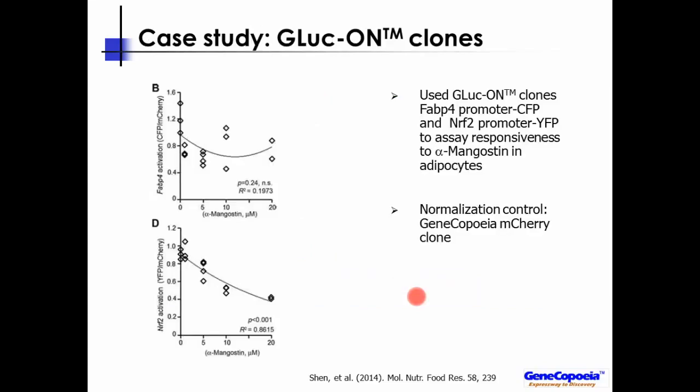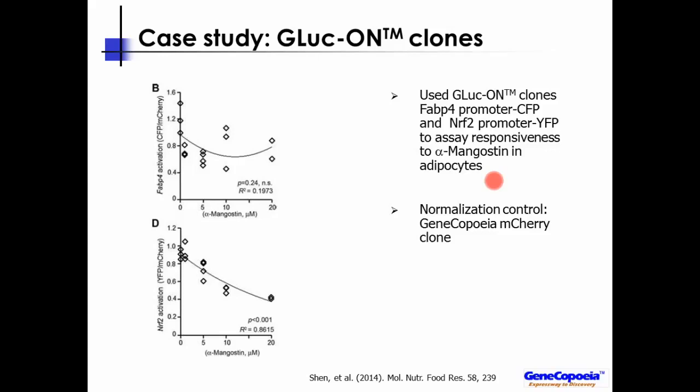Here's a case study published in a paper using one such traditional reporter clone from GeneCopoeia. They studied two promoters, FABP4 and NRF2, which were hooked up to cyan fluorescent protein and YFP, respectively, to assay the responsiveness to alpha-mangosteen in adipocytes.